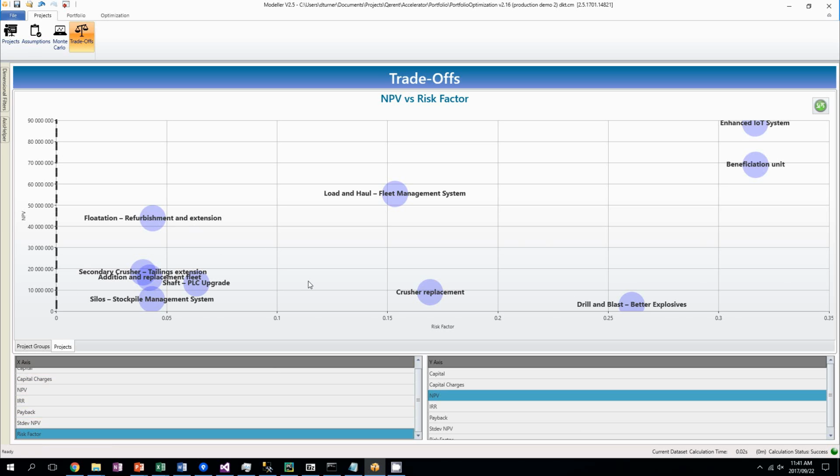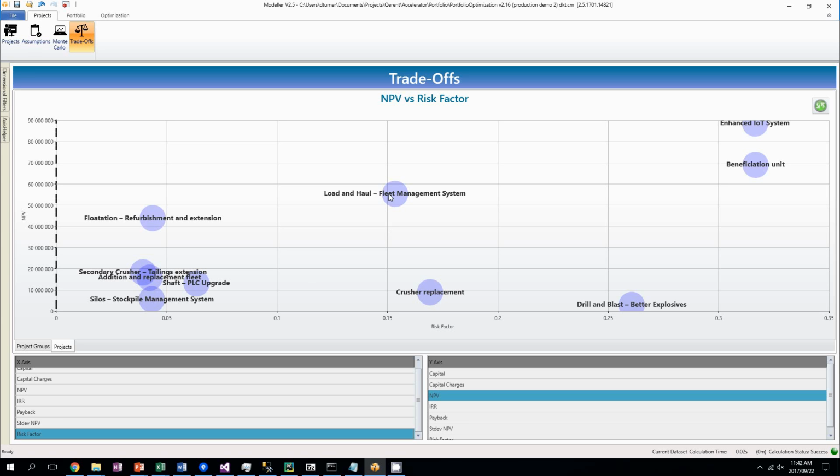Now, of course, the point of looking at the risk is that it's something that's quite difficult to do with conventional portfolio planning. And so by using the proxy of the low road and the high road estimates for each of the projects, we can get an objective assessment of what that risk is likely to be. And that allows us to make good trade-offs.